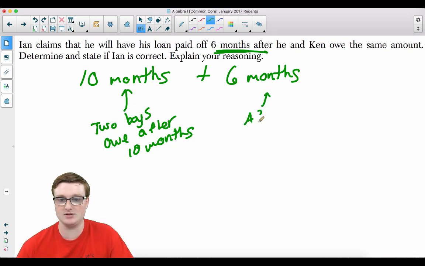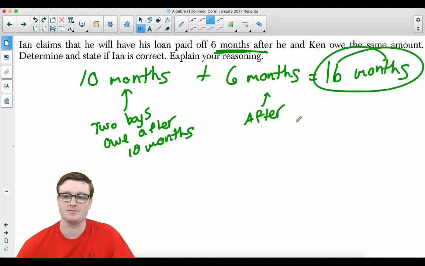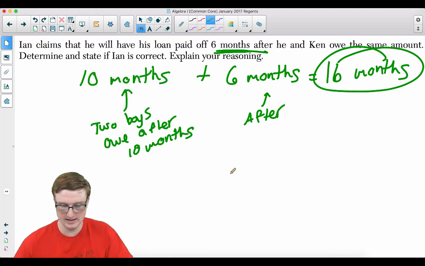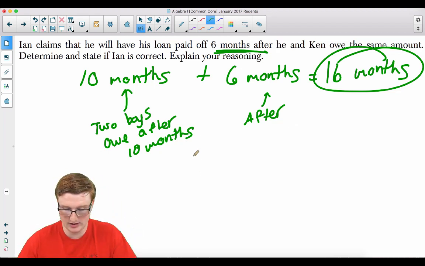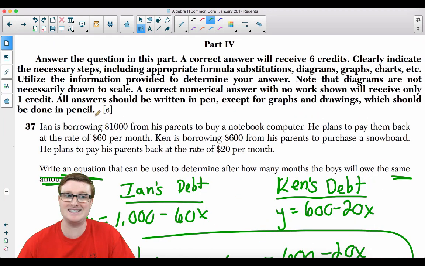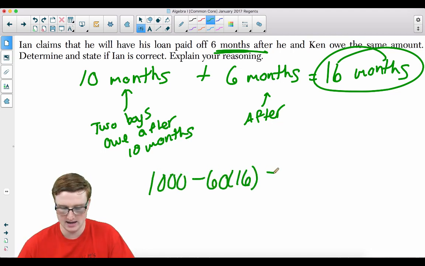Okay? So this is after the fact. Ian is claiming that it will take him a total of 16 months to have his loan paid off. Well, let's see. Determine and state if Ian is correct. So if you take Ian's debt, which is 1,000 minus 60x, and you plug in 16 months, that's going to be 1,000 minus 60 times 16.